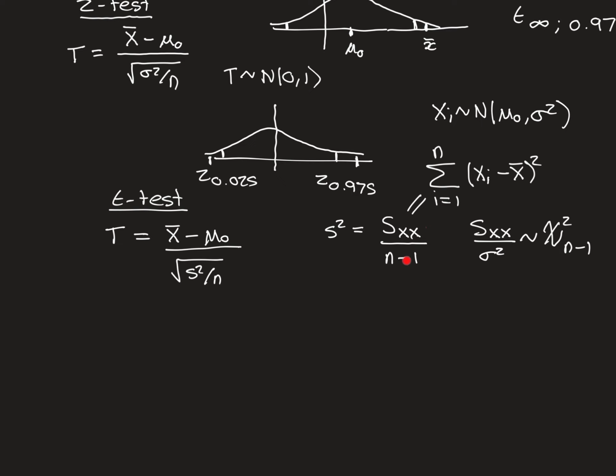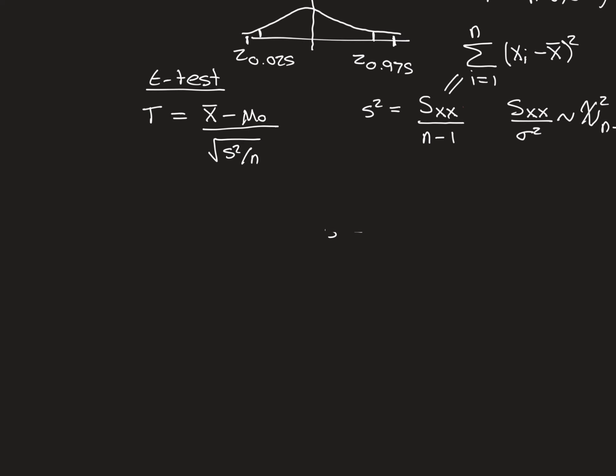And so we do need to be dividing through by the correct degrees of freedom. This thing is chi-squared distributed with n minus 1 degrees of freedom, so we want to be dividing through by n minus 1. And that's what we've got here. There's a division. We could substitute in s squared with SXX over n minus 1. In fact, I think I will do that now. With the square root of n, you might get confused about the fact that there's a division by n here. You might think that that's going to be the division by n that is relevant in that definition of the t-distribution.